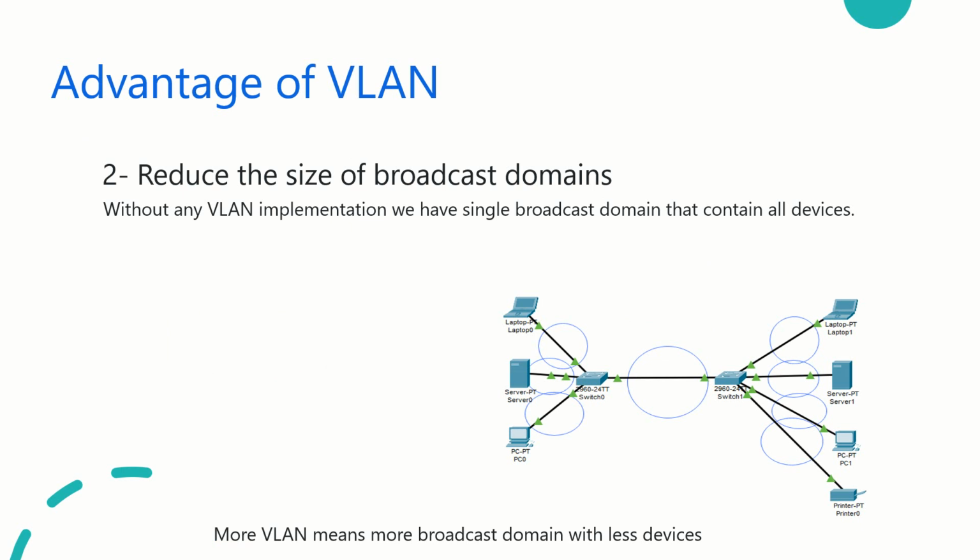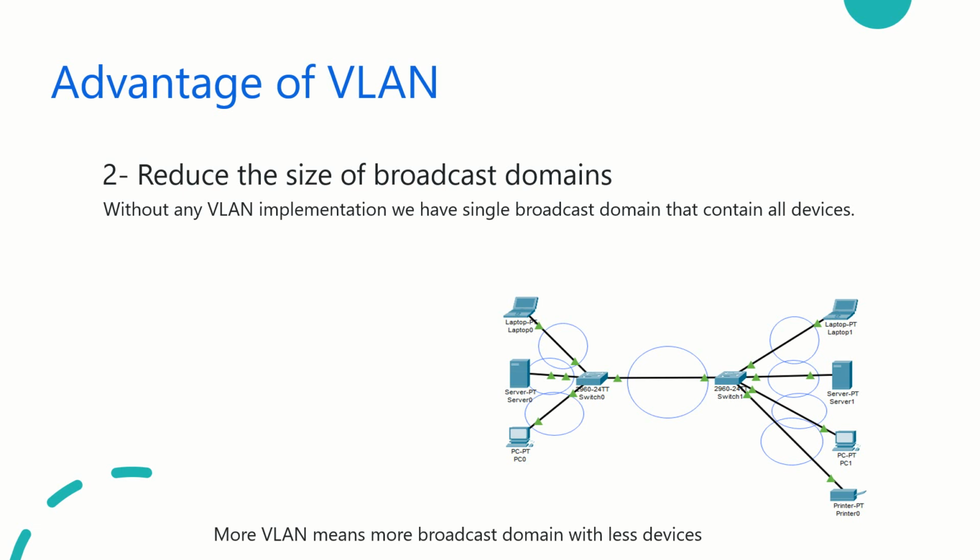Another advantage is reducing the size of the broadcast domain. VLAN increases the number of broadcast domains while reducing their size. For example, we have 100 devices without any VLAN implementation. We have a single broadcast domain that contains 100 devices.